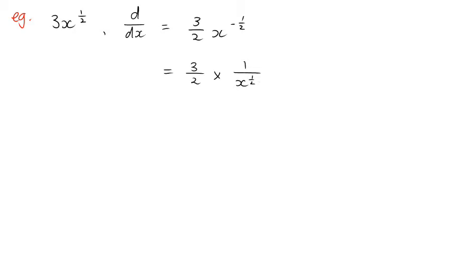So x to the negative half is 1 over x to the half. X to the half is? Yep. And multiply those fractions, you get 3/2 square root x.